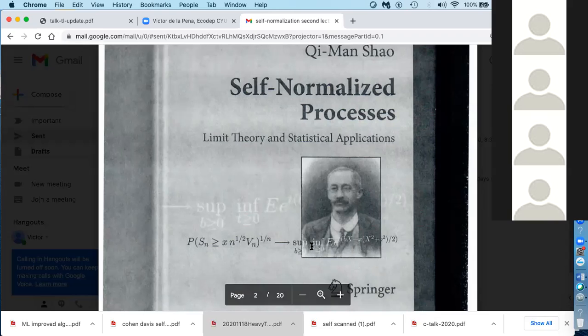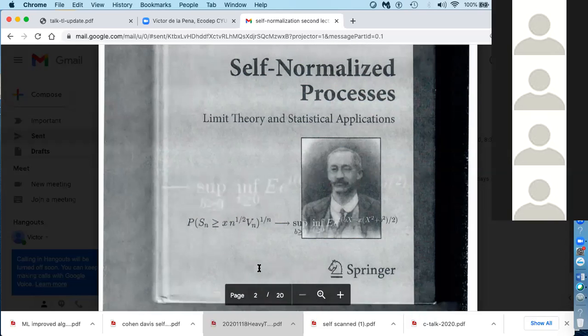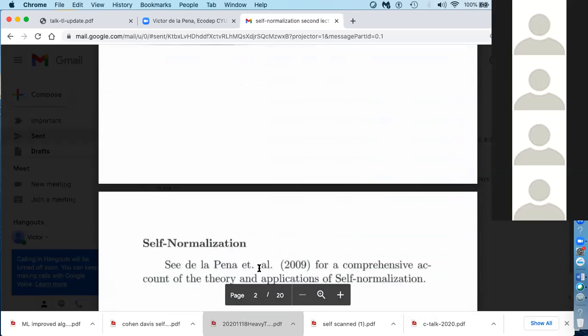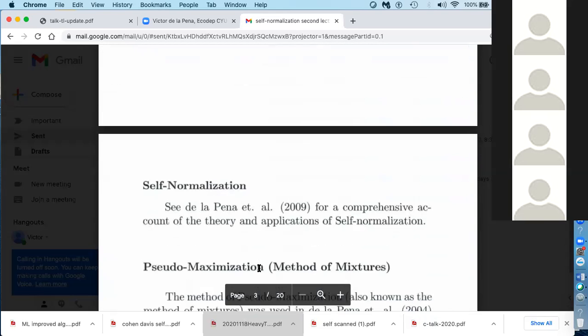So this is a breakthrough in large deviations in that one does not assume the existence of a moment generating function. And I think it's one of the key results in self-normalized processes. You can find details on this in the book. You can get a comprehensive account of the theory in my book with Lai and Chow in 2009.